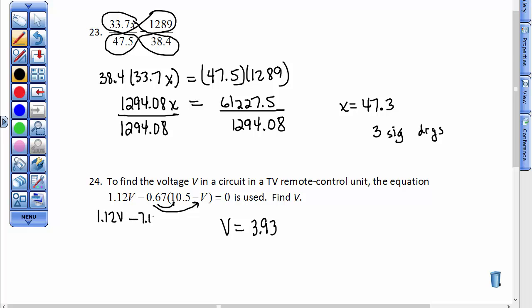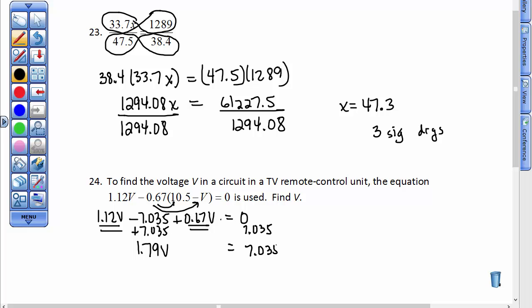Let's see here, I think this is 7.035, and then you'd have a positive 0.67 V. And then equals 0. So be sure to combine both terms. They look to be 1.79 V. And then let's throw this 7.035 to the right hand side. And then now you'll divide by that 1.79 and find out that the voltage is 3.9 volts.